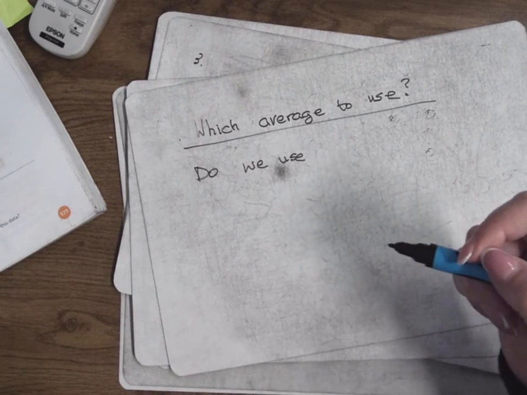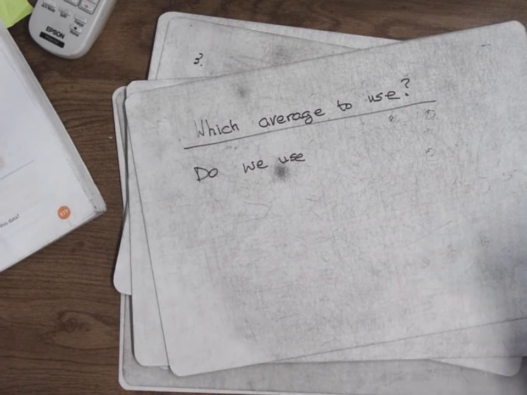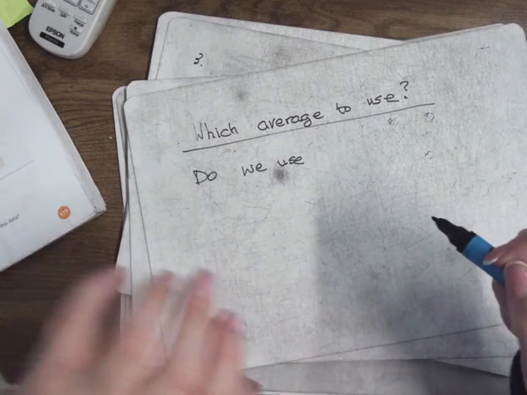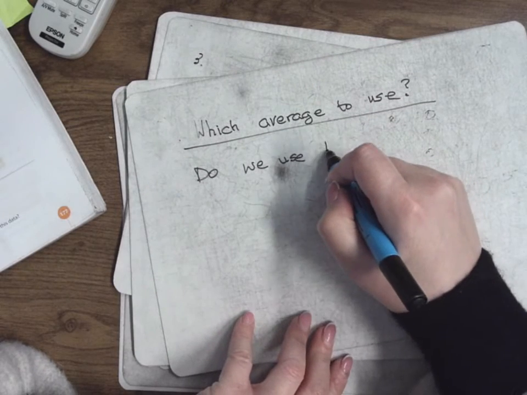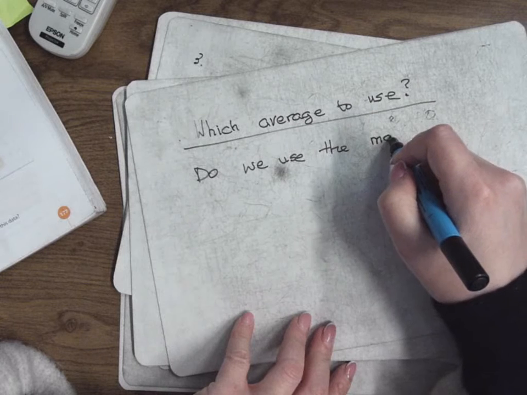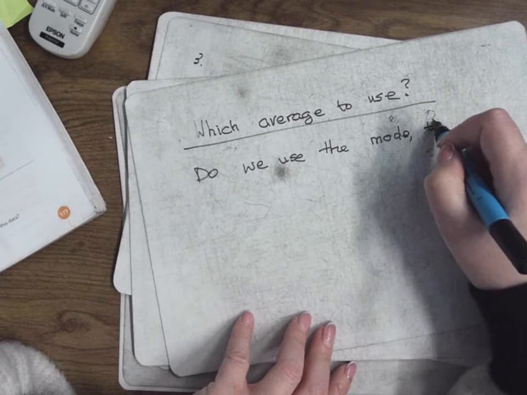I'd say if the middle was about 60, I'd be good enough to move on. But if the middle was about 30%, I know I'd need to stay and do a bit more work, wouldn't I? So which average to use? That's a measure of centre. So when I was looking at the results, would I look at the mode, the median, or the mean?